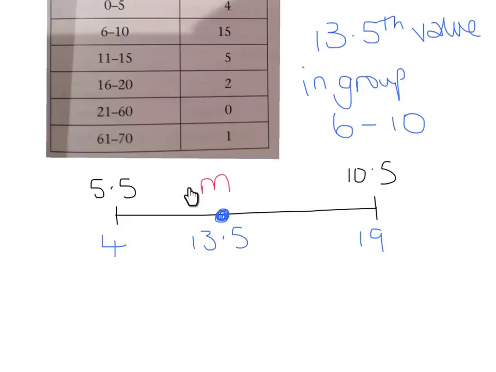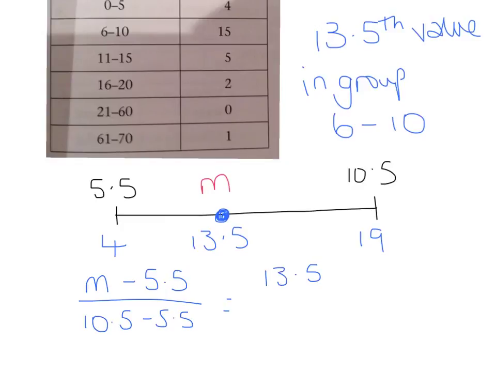If it's a straight line, then the distances are going to be in the same proportion. So we end up with the equation M minus 5.5 is the short distance on the top, the whole length on the top is that one, equals on the bottom the little distance is that one, and the full distance will be that one.